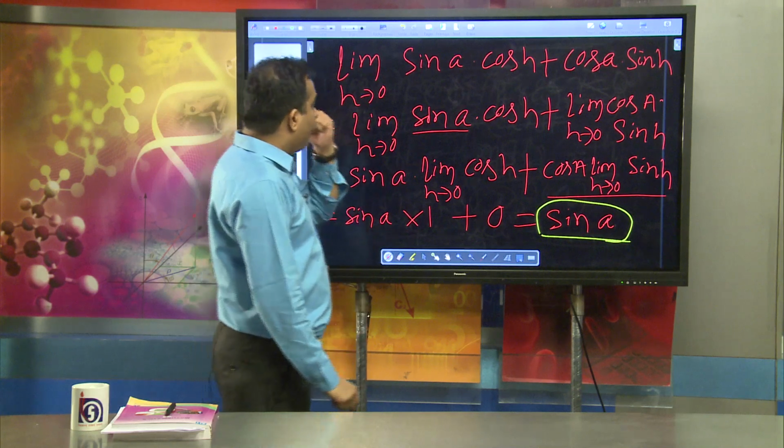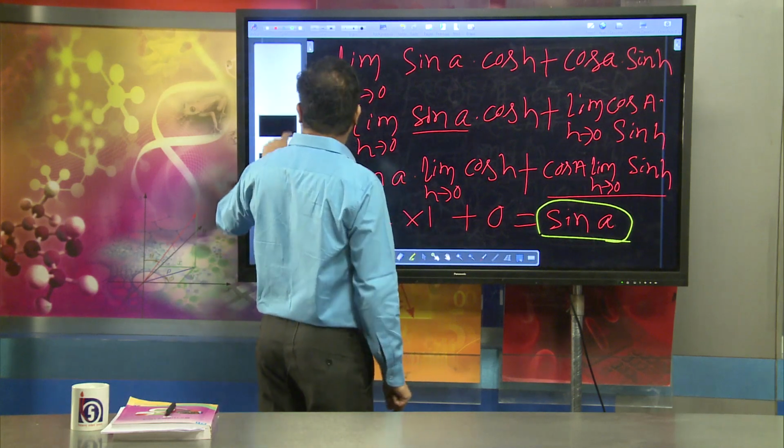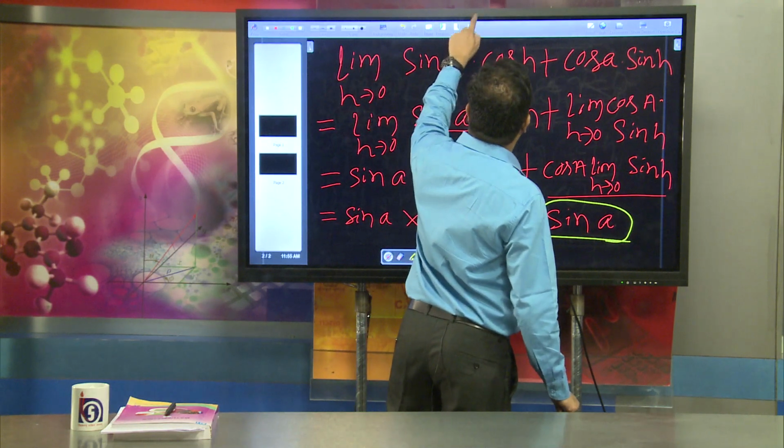Okay. And now, we have to move to the functional value. We have got the limiting value: limit x tends to a of f(x) equals sin a. Now, what will be the functional value?